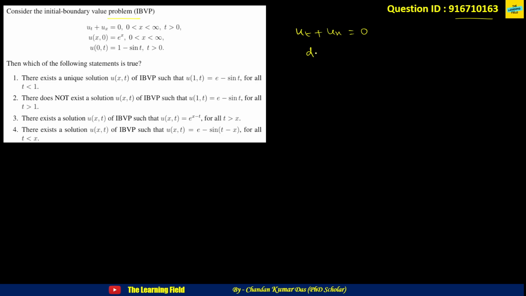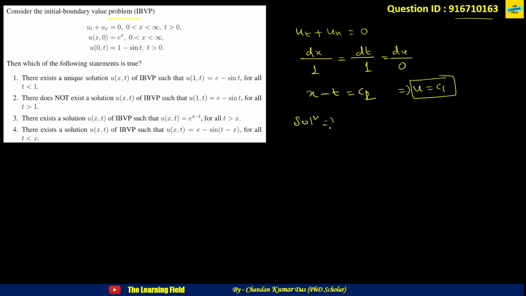Now dx/1 = dt/1 = du/0. Since du is 0, we get u equal to a constant c1, and dx/dt = 1 means x - t equal to c2. Now the solution is of the form u = phi(x - t). This is the solution of one case.